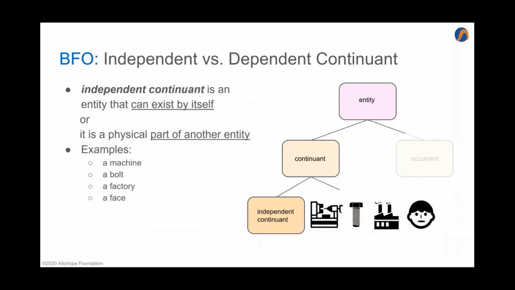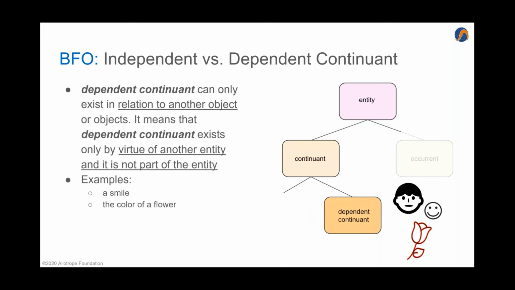An independent continuant is an entity that can exist by itself, or possibly it is a physical part of another entity: a machine, the bolt, a factory, a face. A face is part of your body, so it's an independent continuant. While a dependent continuant can only exist in relation to another object. It means that a dependent continuant exists by virtue of another entity, and it is not part of the entity, such as the color of a flower or a smile.